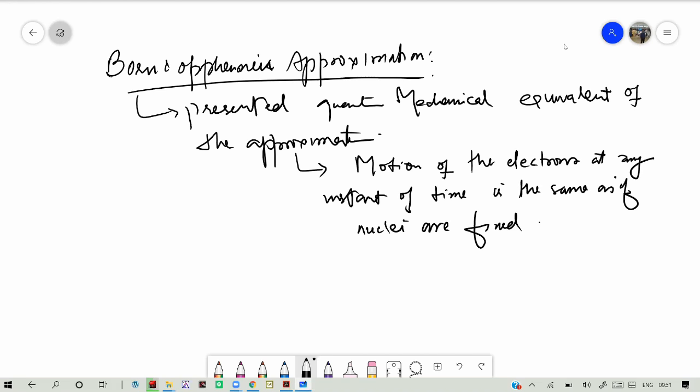So they assume that the nuclei are fixed in a molecule. This was the approximation actually. So they gave a quantum mechanical treatment of this. They quantum mechanically derived an expression in which they put up the approximation and derived the result from this.